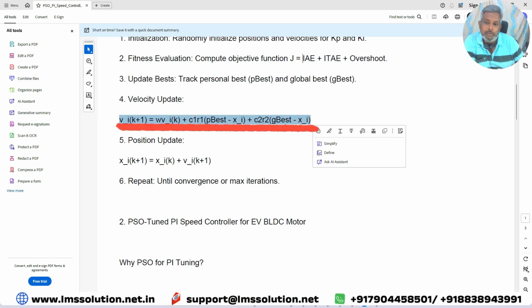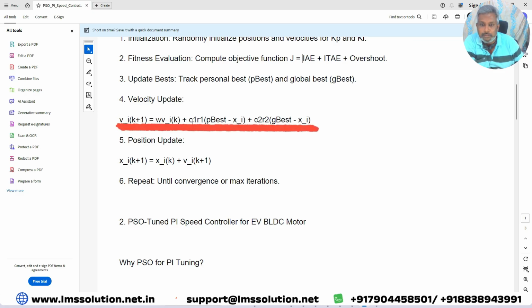V(k+1) = W*Vi + C1*R1*(Pbest - Xi) + C2*R2*(Gbest - Xi). Xi is the current particle, the current instant particle. Pbest is known as the population best, Gbest is known as the global best, and Vi is the current velocity.